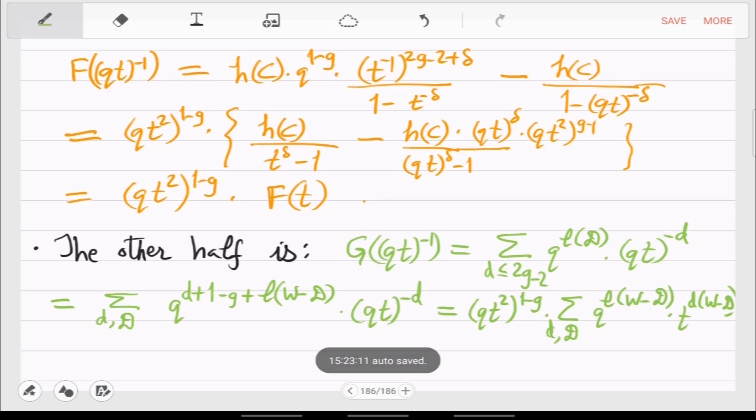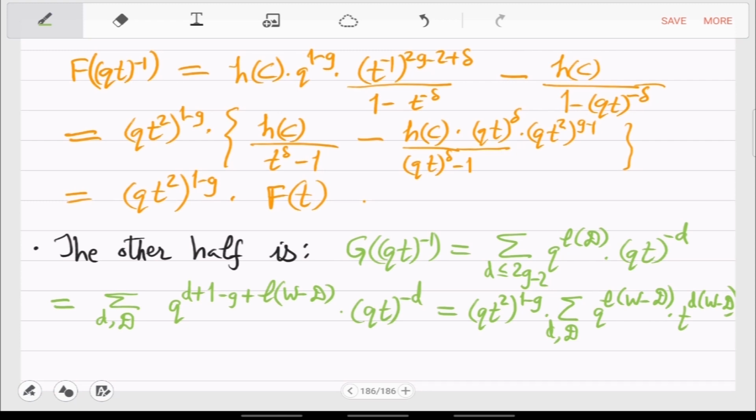I have taken out t raised to 2 minus 2g and given t raised to 2g minus 2 there, and minus d was already present because t raised to minus d was there. So the t monomial is correct. And now look at the q monomial and you can check that it's fine too, because d and minus d cancel and 1 minus g remains, which is out. So this is just a rearrangement of the q monomial and t monomial. You can verify separately it's correct.